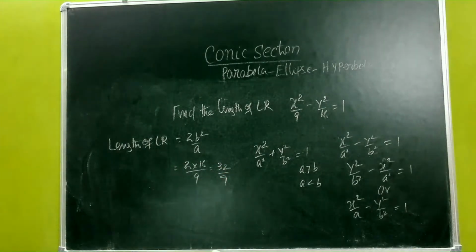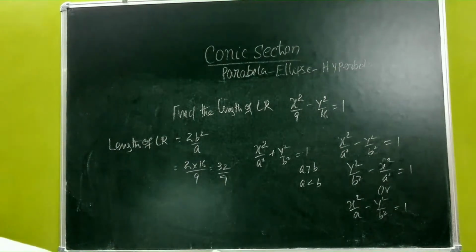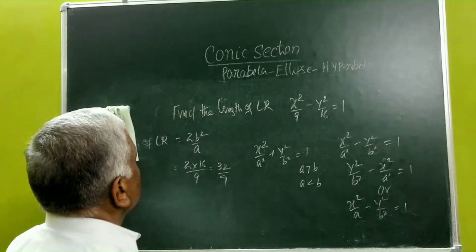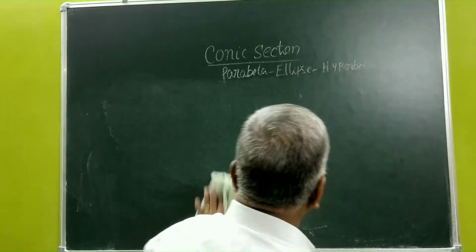With this, I think I have completed almost all, because not many problems have been asked in the CET regarding the conic section. I just want to remind you once again what we have done.